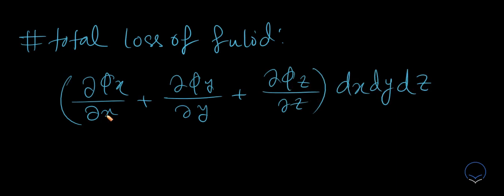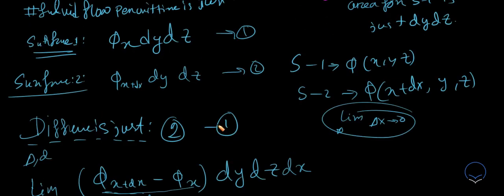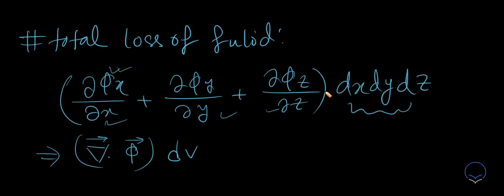And if you see that, this expression that you are seeing over here can be written as the divergence of the vector field phi times the infinitesimal volume of that cubic region or the rectangular region in our 3D space. So why am I calling this phi a vector field?